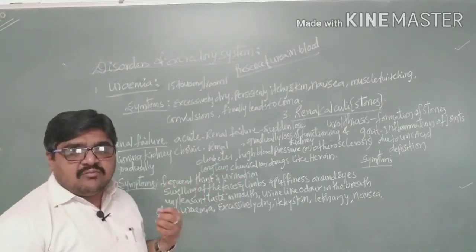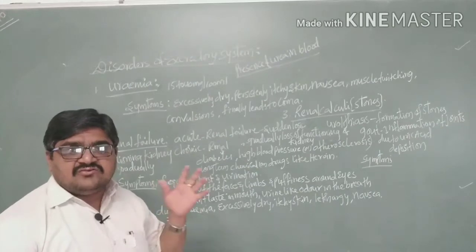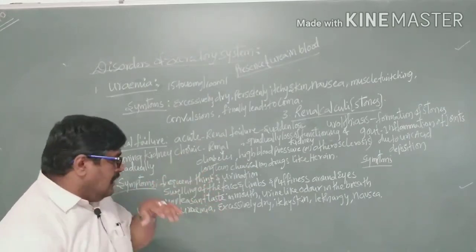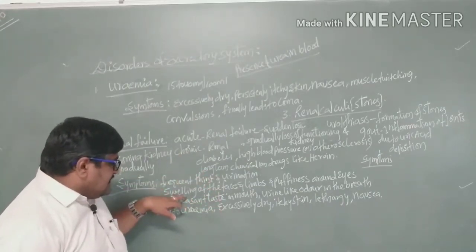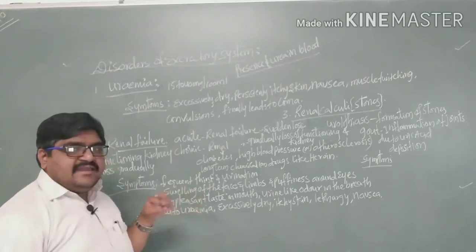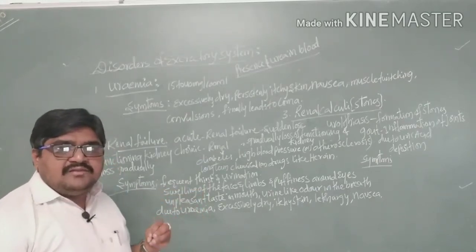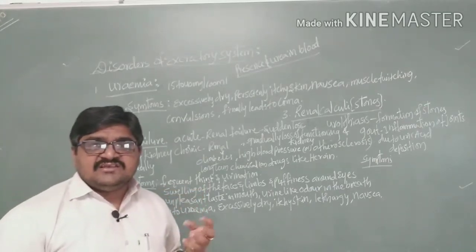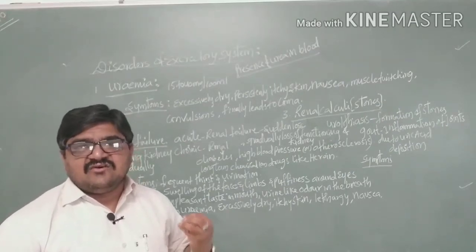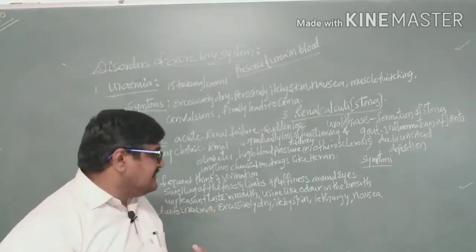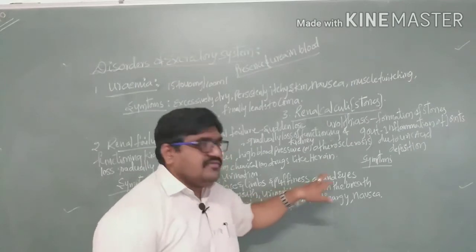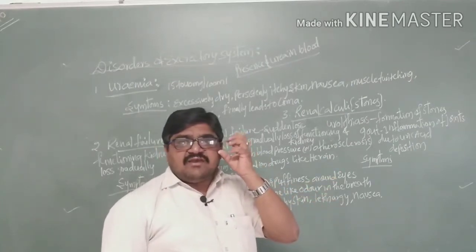When you take more water, more urination also takes place. There is also swelling of the face and limbs, meaning the size of the face and limbs increases, as well as puffiness around the eyes.